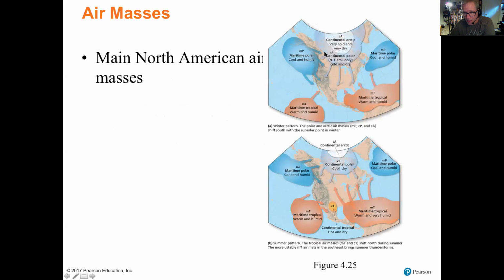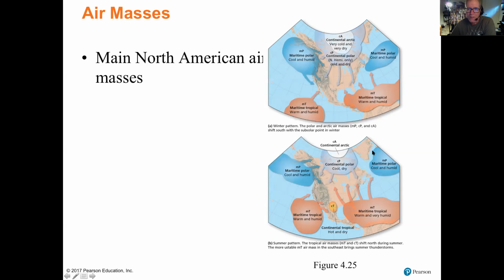That cold air comes down over the continents because there's heat here, heat there, no heat here on the land, because the land loses its heat energy much faster. And that allows this cold air to come down where it runs into the two maritime tropicals here in the Gulf Atlantic and over here in the Pacific. They're warm and humid.